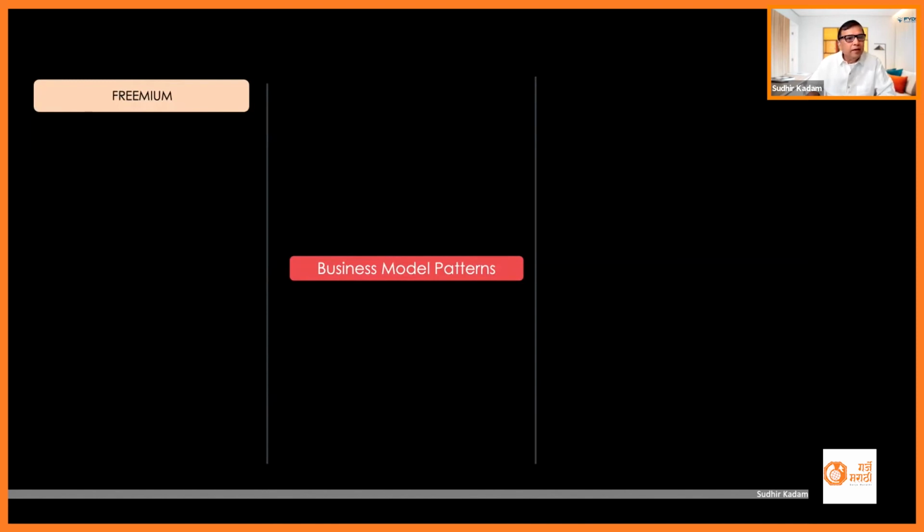Then you have a model called the razor and blades model. This is something that the computer printer companies used to do. They used to charge a very low price on the printer itself, but they used to charge premium amounts on the cartridges. Gillette used this model first.